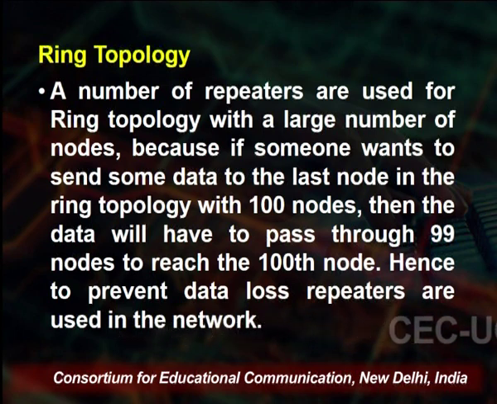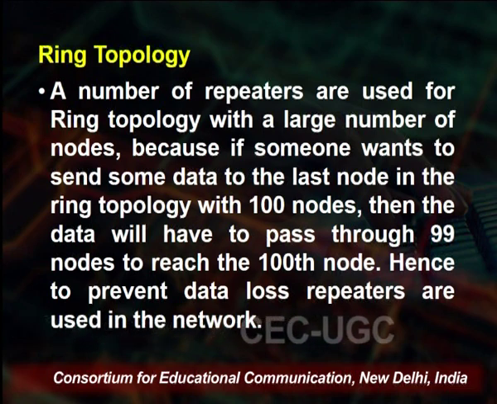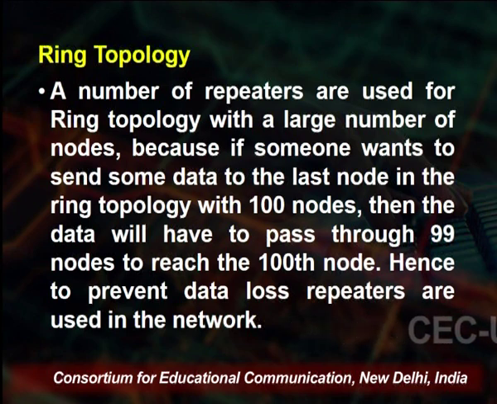Then the data will have to pass through all the other 99 nodes to reach the last one, because data is generally transferred in a single direction. If it is clockwise, say from 1 to 2, then 3, then 4, and there are 100 nodes, it has to pass through 98 nodes to be precise, and then it will reach the destination.